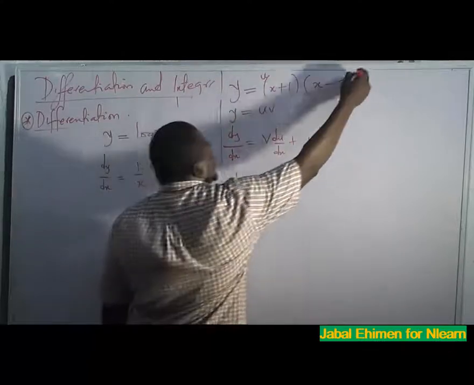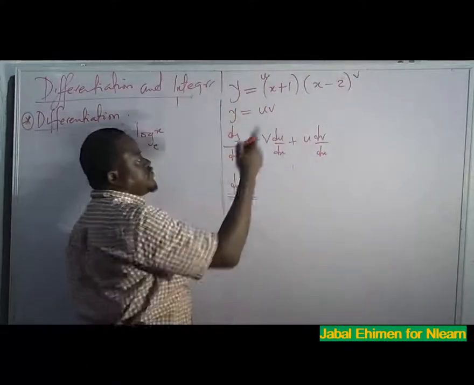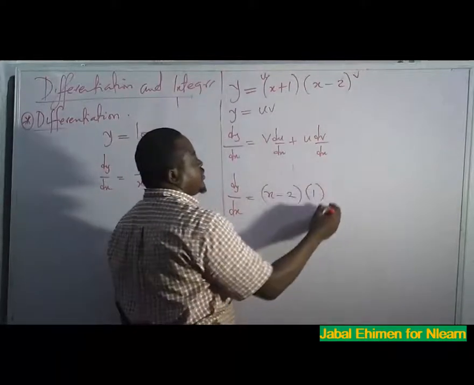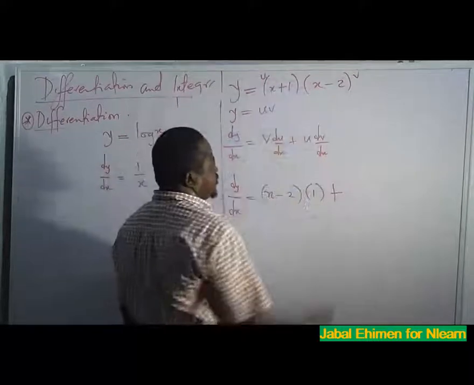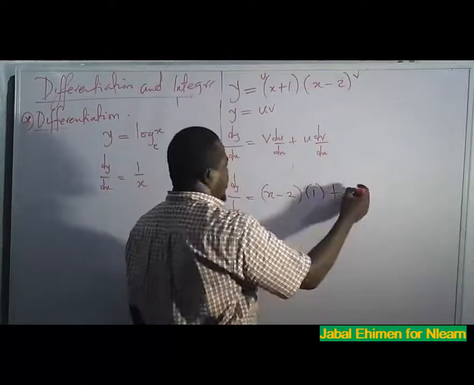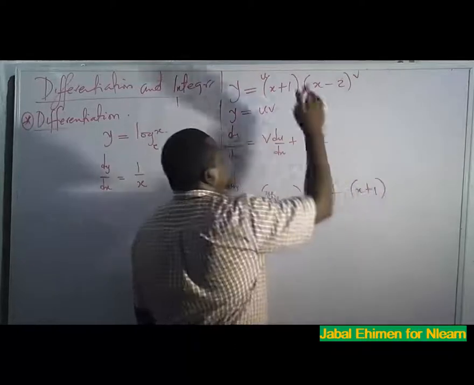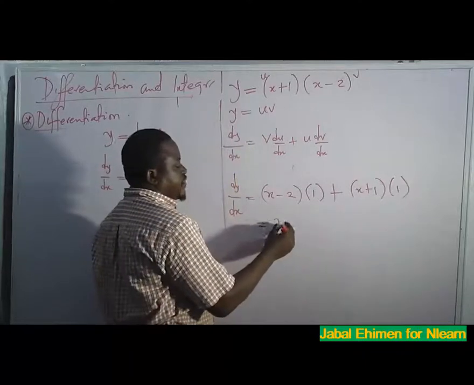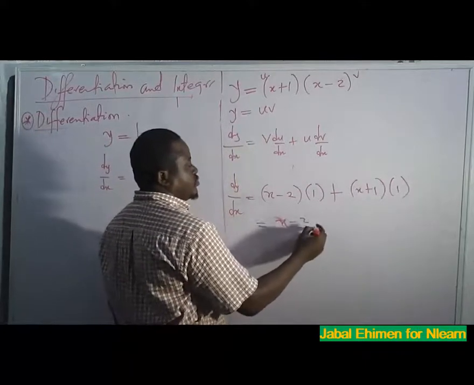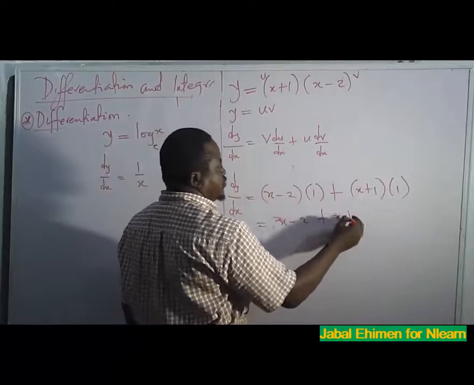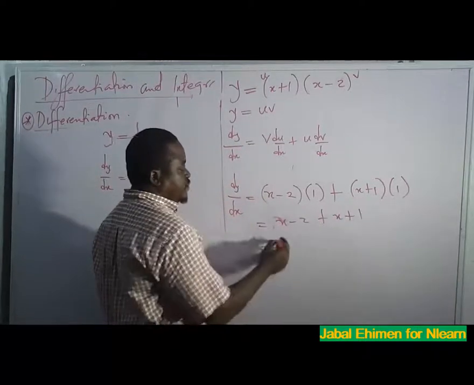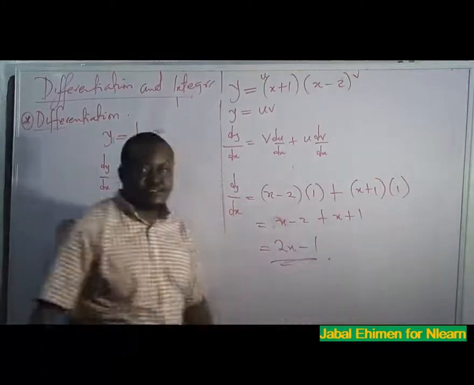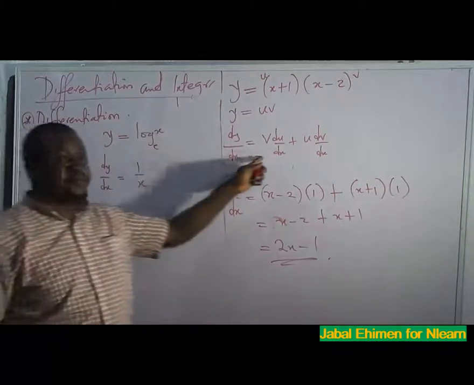This is u and this is v. The v will be written first, x minus 2, and the dy over dx of x plus 1 is 1. Plus, I will write u now, that's x plus 1, and the dy over dx of v is also 1. So what I have now is x minus 2 plus x plus 1. If you take that out, you have 2x minus 2 plus 1, that's 2x minus 1. So that's the value for dy over dx. So always remember the product rule.